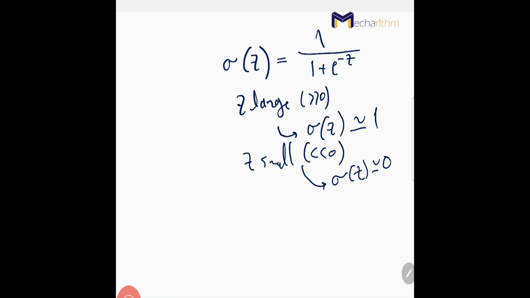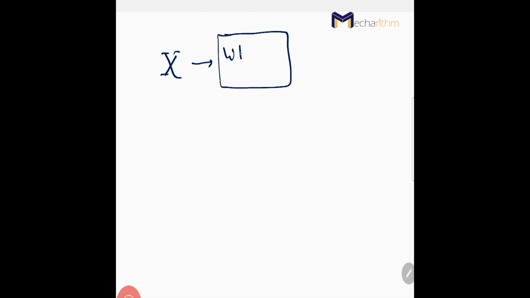So now that we've defined the function that we're going to use, we need to reformulate our prediction algorithm. For linear regression, we learned that if we have an input x, we can use a linear function, for example w transpose x plus b, and then get our y, which is our hypothesis.